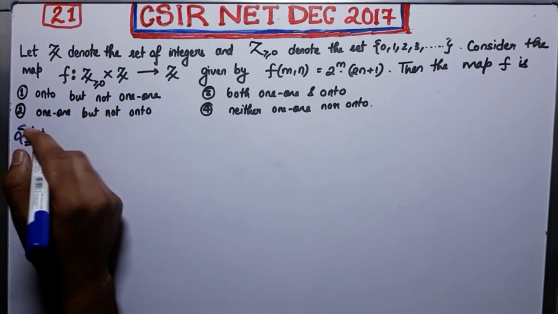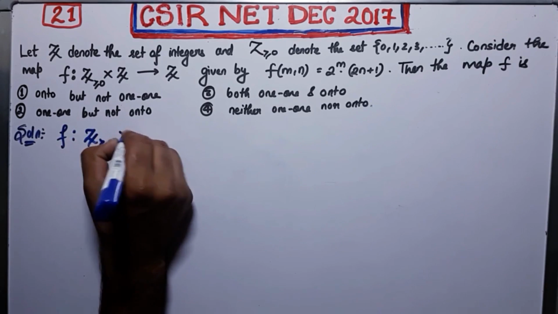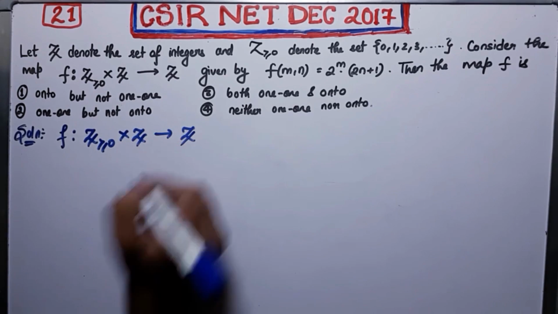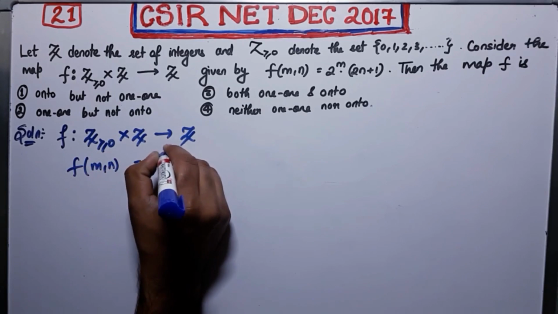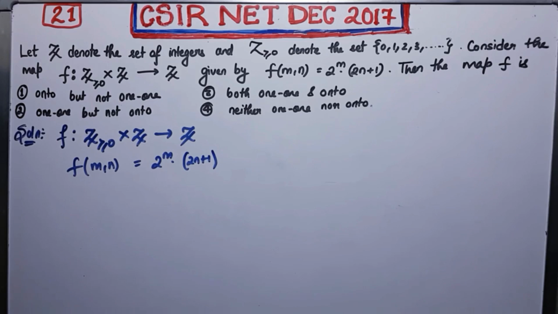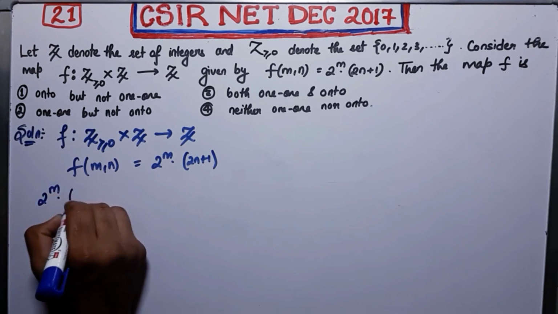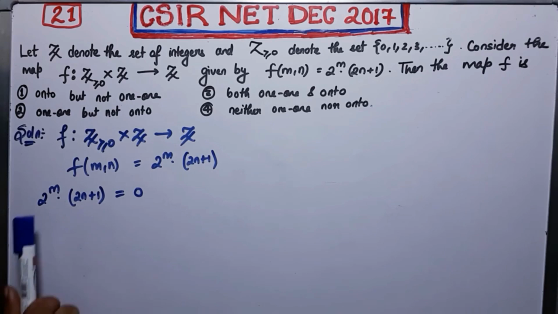So without going into the options, I will firstly write the map. So this is your map, right? Now see, f(m,n) is given by 2 to the power m times (2n plus 1), right? Now see this number. Can this number be 0? Does there exist m or n such that this number is 0? Suppose this number is 0. Okay, we need to find m and n such that this number is 0.